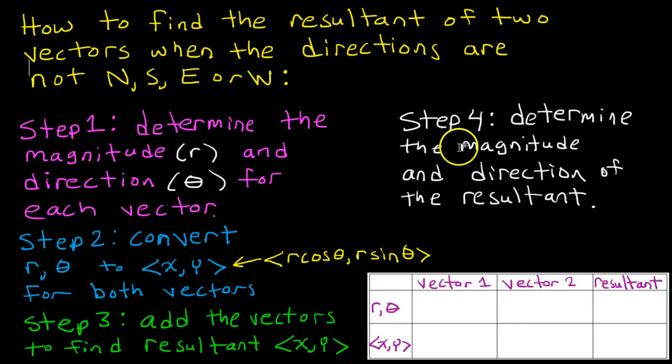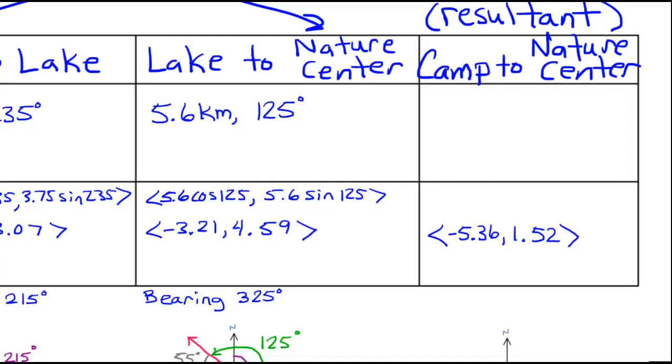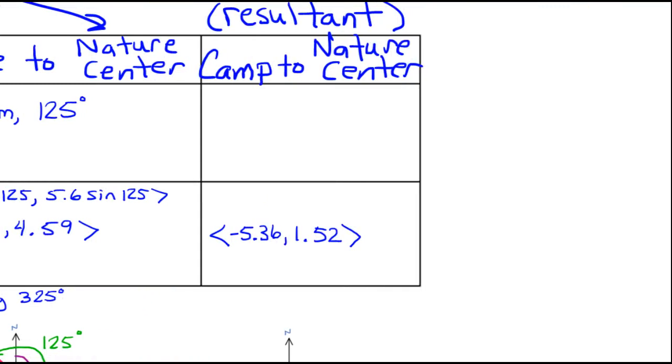That just leaves the fourth and final step: determine the magnitude and direction of the resultant vector. So basically now I just need to complete this box. So I'm going to take this component form and calculate the magnitude and the direction. So let's start with the magnitude. We can just use the magnitude formula.